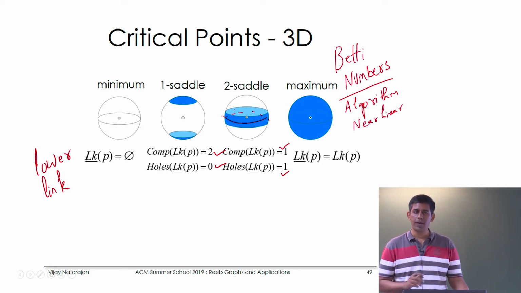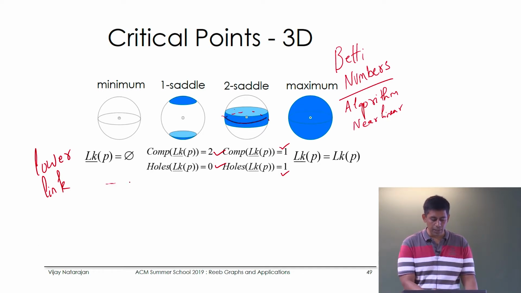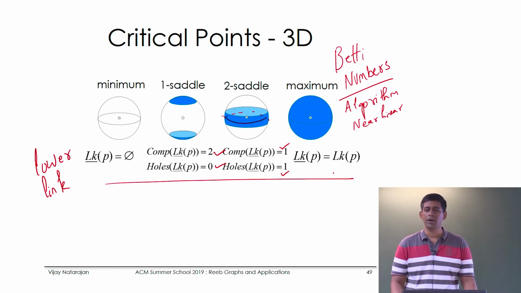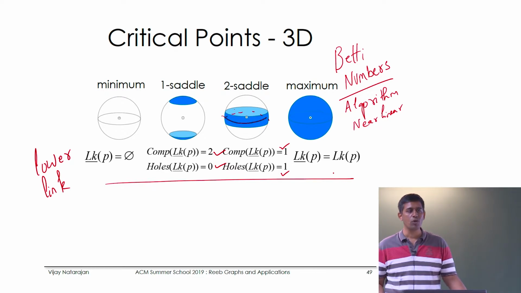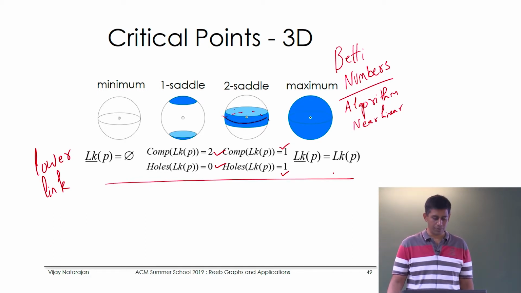So, you can use that algorithm to compute the Betti numbers. Okay. So, you can calculate all these guys and you characterize your critical points. So, first job done. We know where the nodes of the Reeb graph are. So, now the task is how do I compute the Reeb graph.